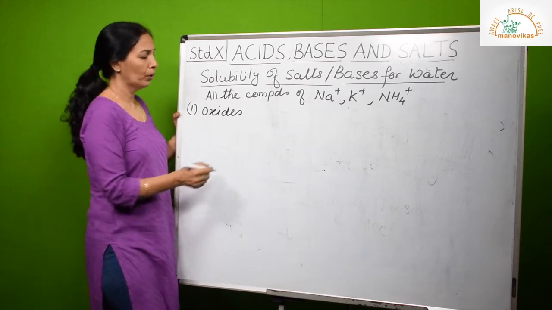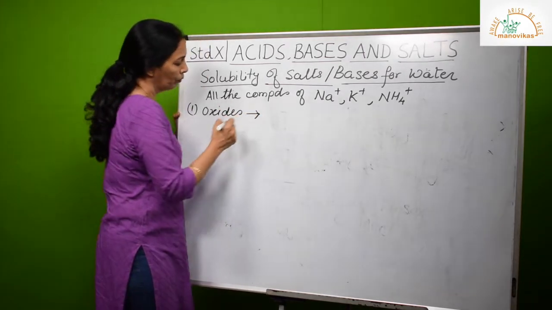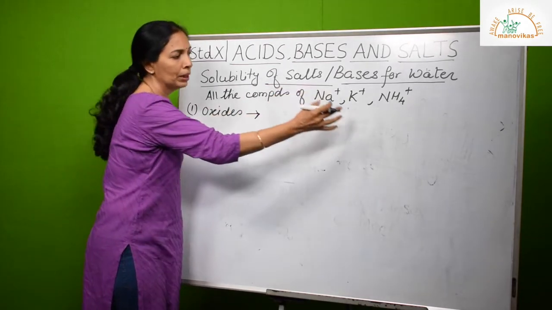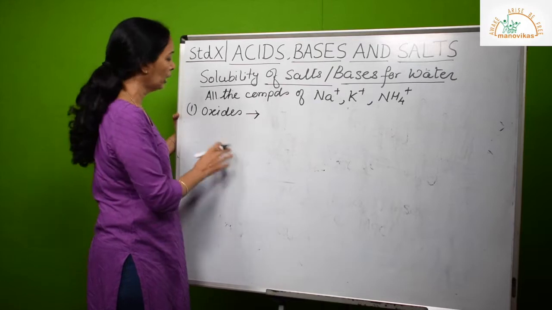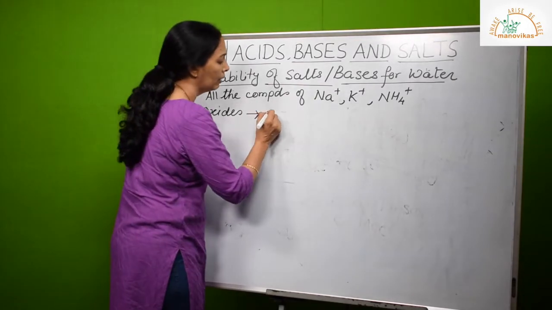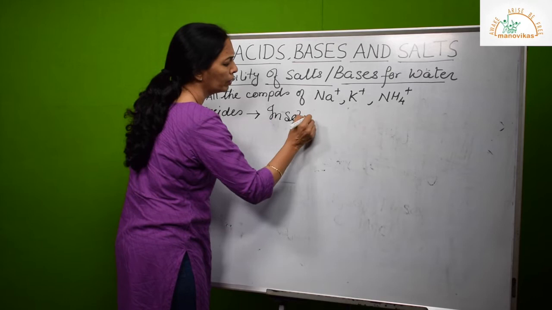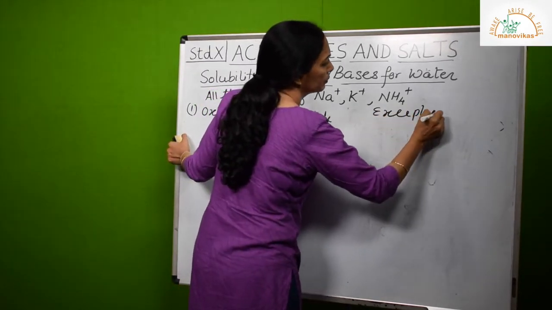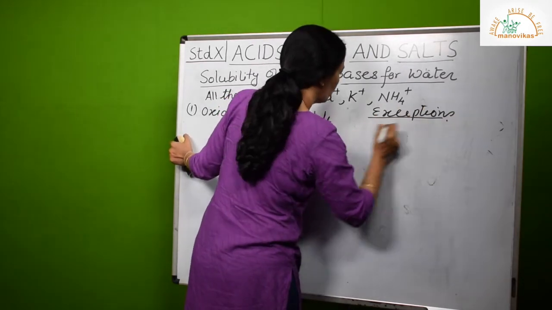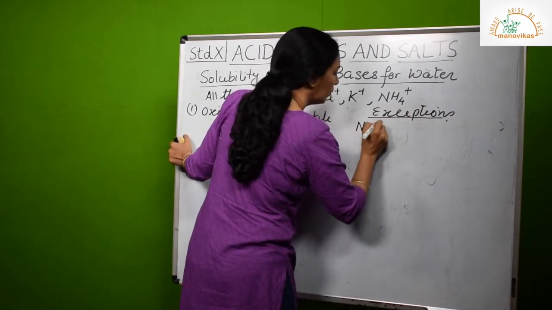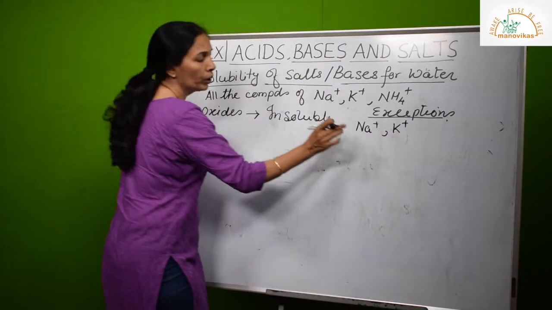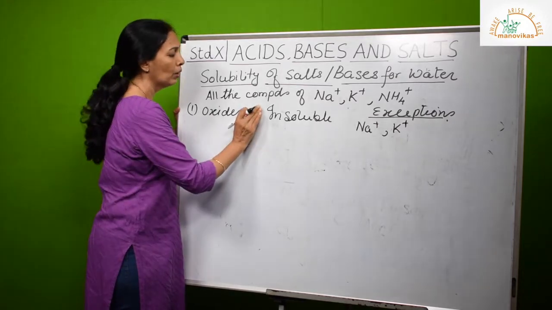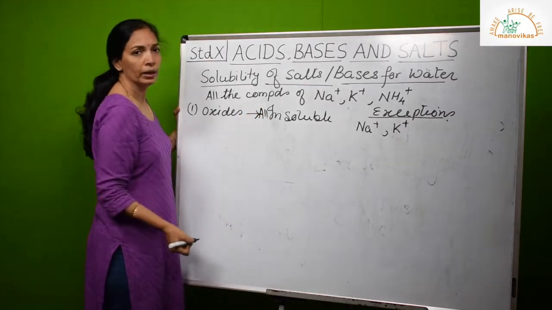Oxides of different compounds. Whatever the tendency of maximum oxides, I will write here, and minimum I will write as exception. Okay. So all the oxides are insoluble, except, here I am writing exceptions, sodium and potassium. Sodium and potassium oxides are soluble in water, remaining all are insoluble in water.